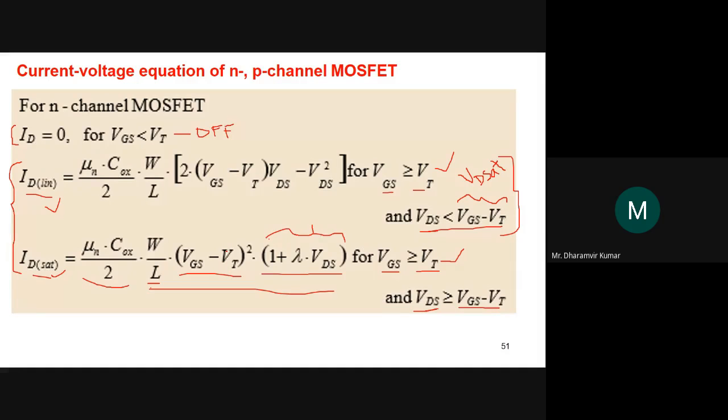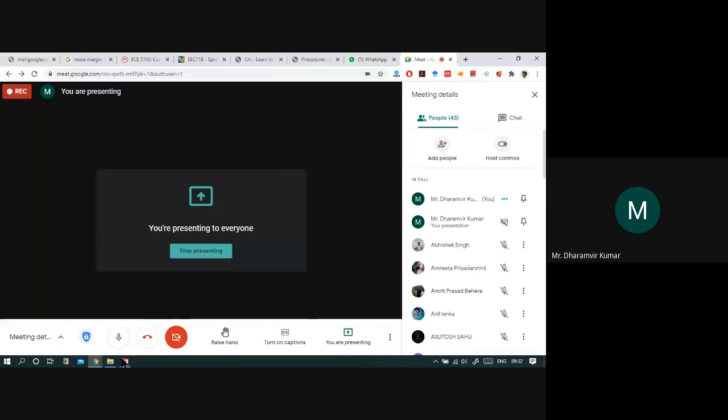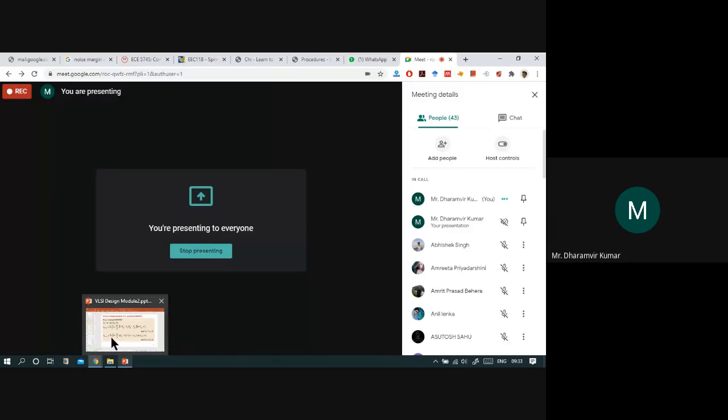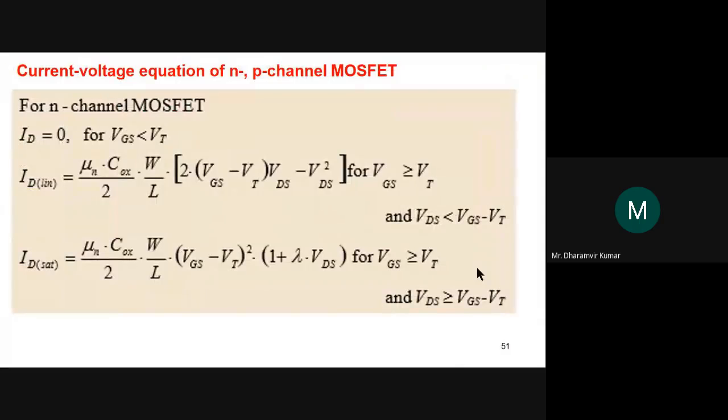And the overall equation for ID sat becomes like this. Okay, so this is the equation for n channel MOSFET, the current equations.